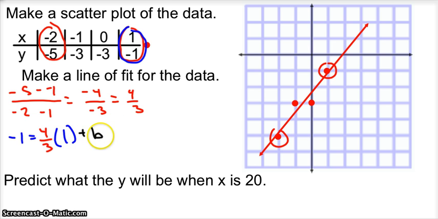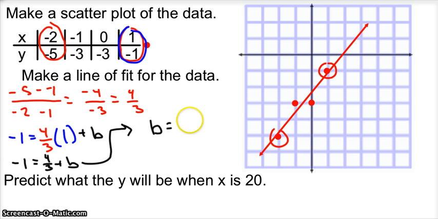Solving for b, I'm going to have negative 1 equals 4/3 plus b. I'm going to go back up top here, subtracting the 4/3 over. I'm going to get b equaling a negative 2 1/3.